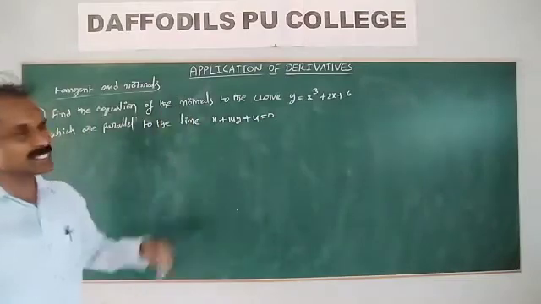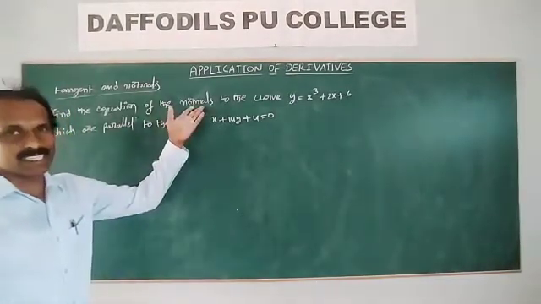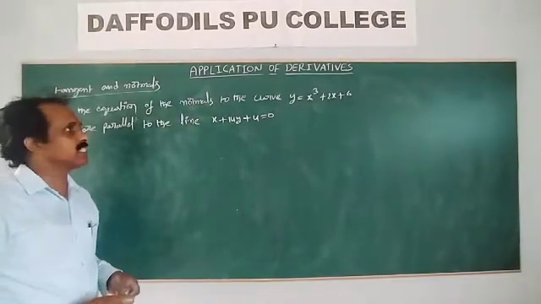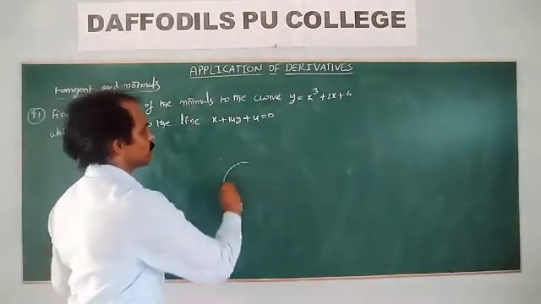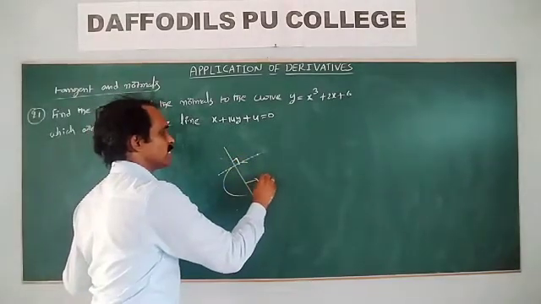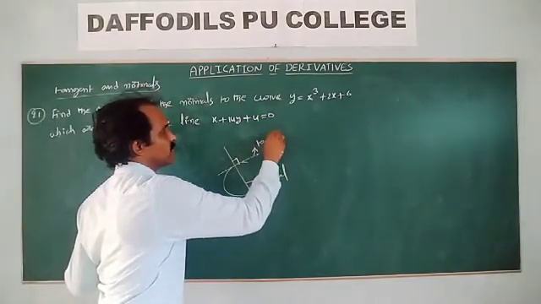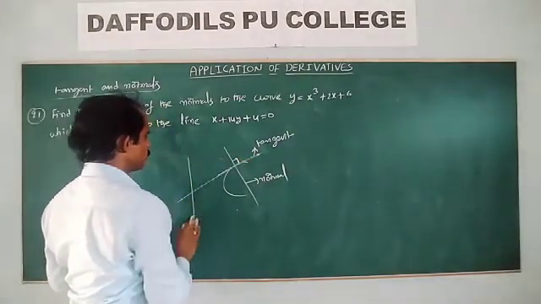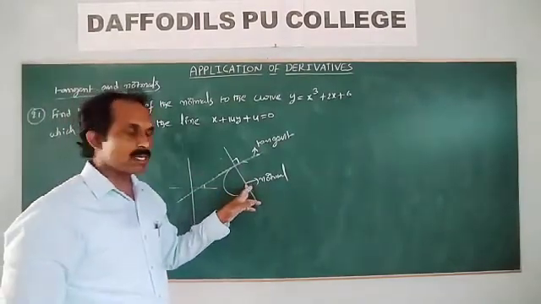Find the equation of normals. The normal is perpendicular to the tangent. The slope of the normal is minus 1 by the slope of the tangent. Suppose this is the curve, this is the tangent, so this is the normal. This one is the tangent. So if this slope is m1, what about the slope of this normal?